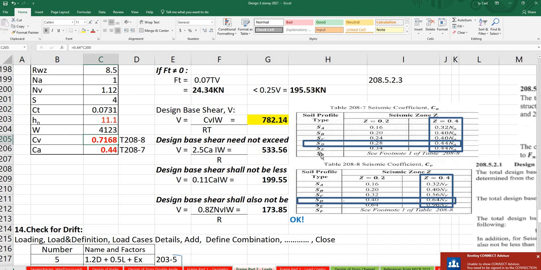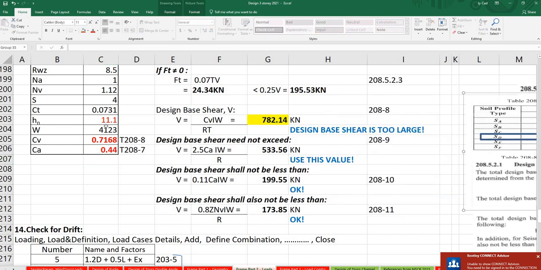Next, yung value ng CA from this table, 208-7, so Z is equal to 0.4 and then soil type D, 0.44 times NA. So, CA is equal to 0.44 times NA, which is equal to 1. So, that is simply 0.44.